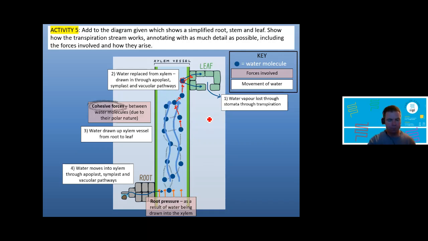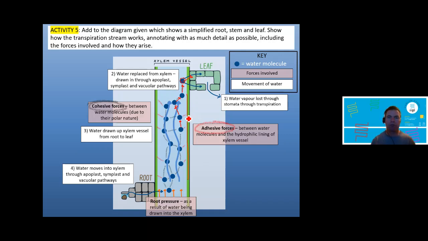Now, there are also adhesive forces, because the lining of the stem is hydrophilic, meaning it likes water. Consequently, we get adhesive forces between the water molecules and this hydrophilic lining. That generates a slight upward force too.